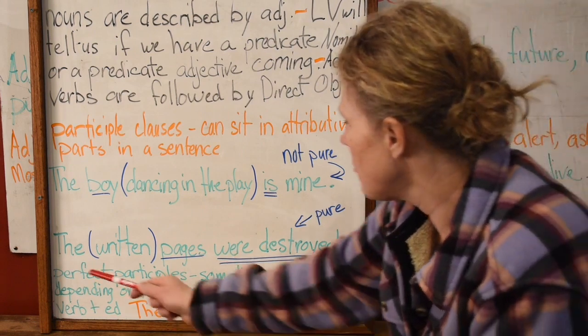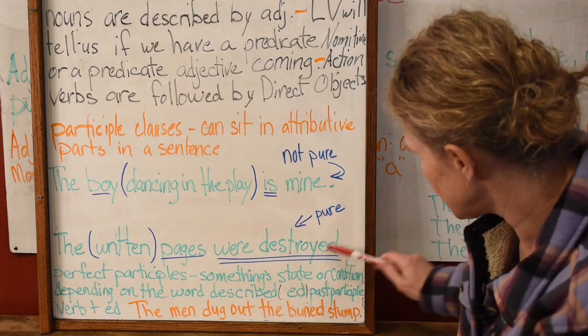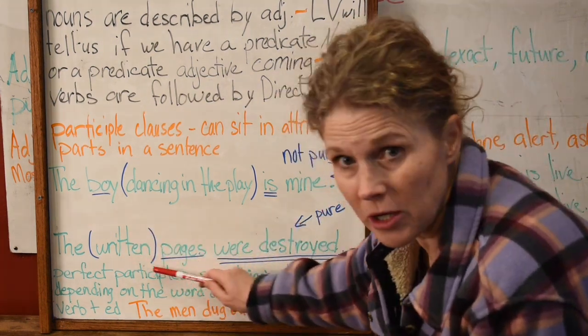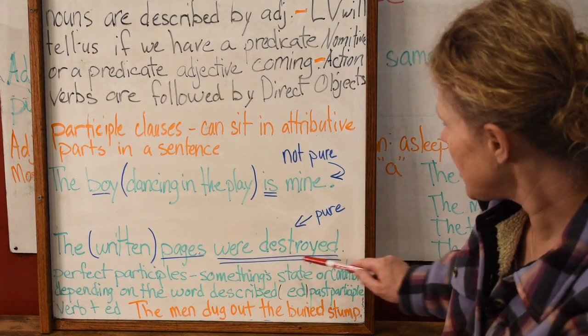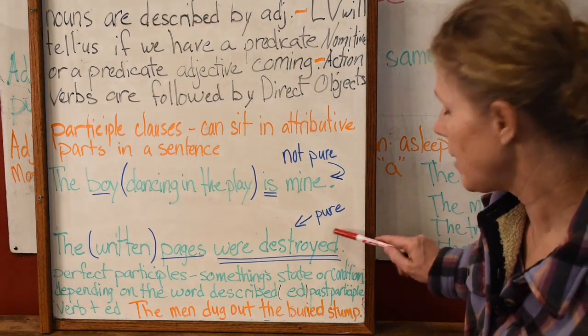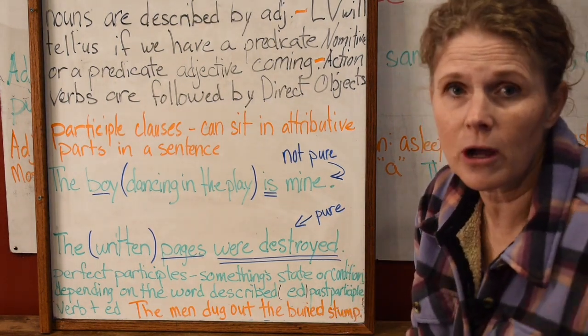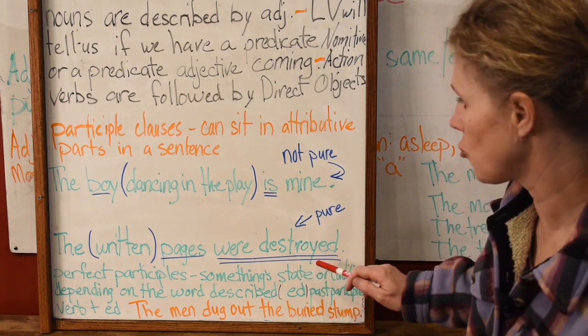Okay? Now, perfect participles. This is a perfect participle. This is a participle. Okay? This perfect participle is typical for your ed. When you see ed added on, you know it's a participle because your base word is destroy.